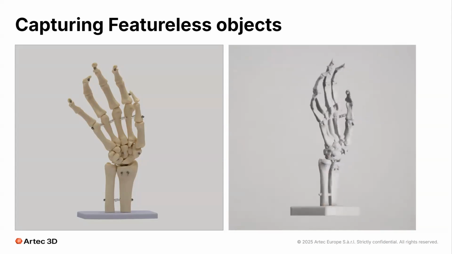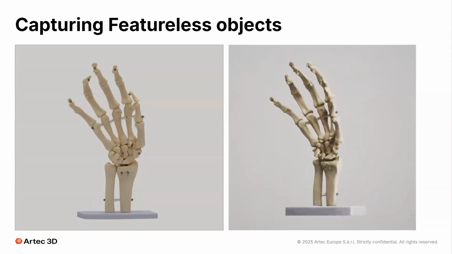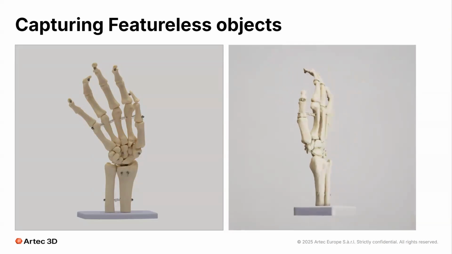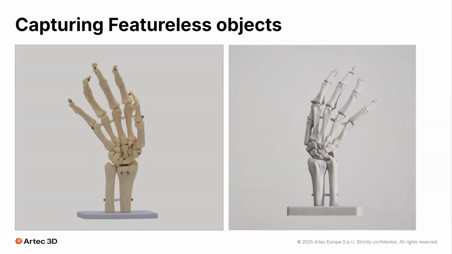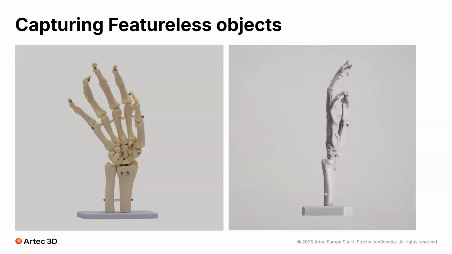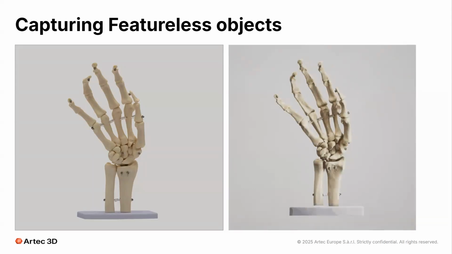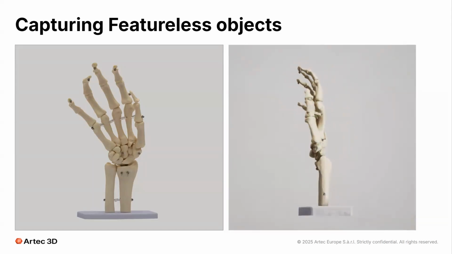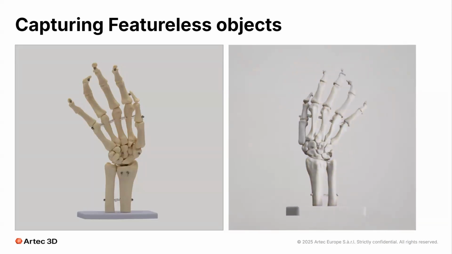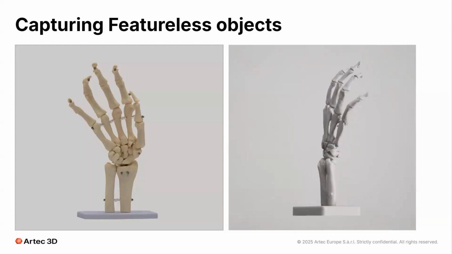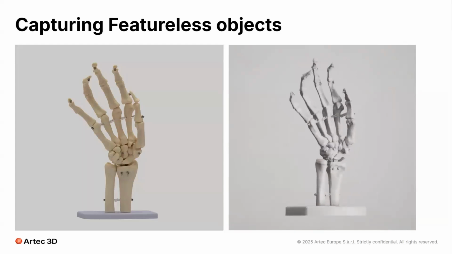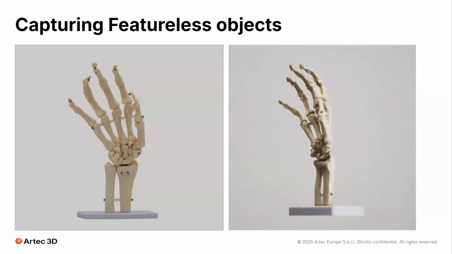You could see that cavities are preserved really well, and the difficult geometry in holes is preserved greatly. So this is one of the examples of the featureless object that we can reconstruct with great 3D resolution.